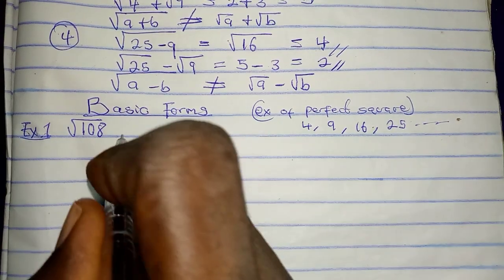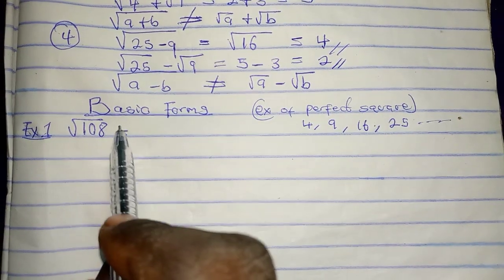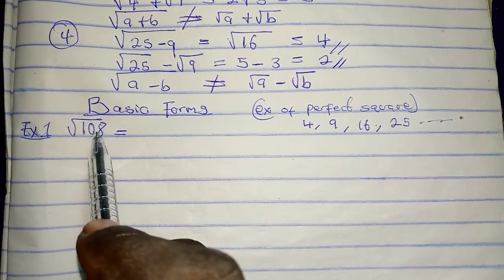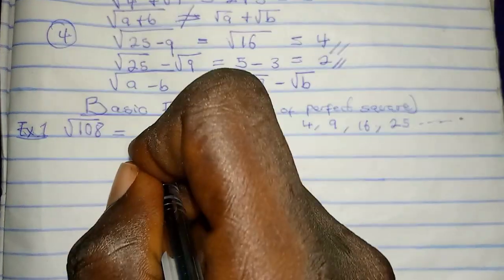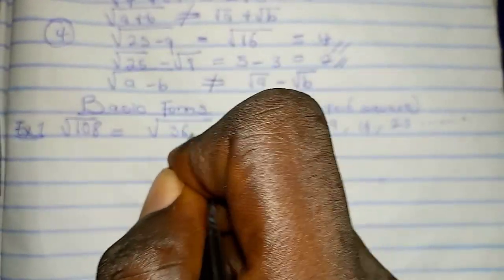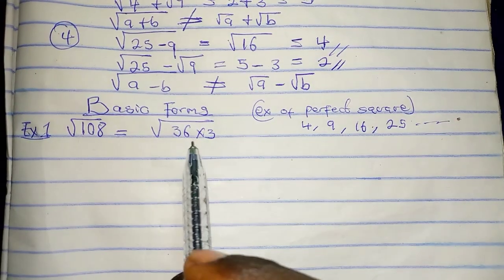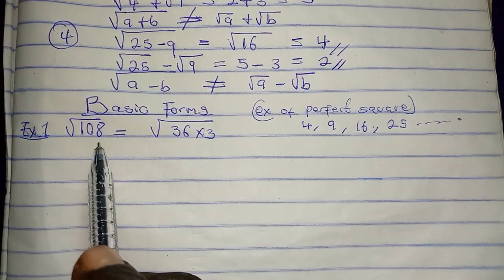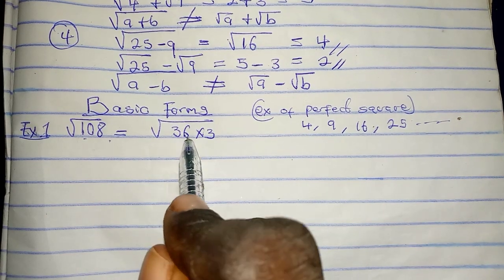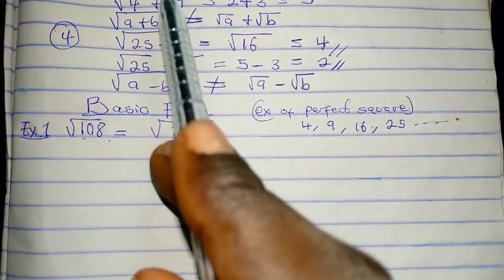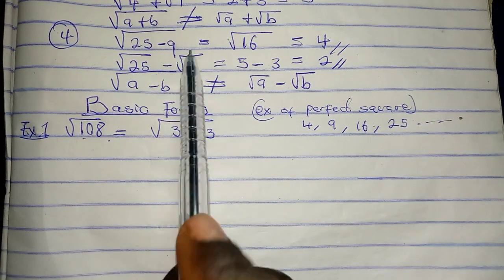So which perfect square can we multiply with a number that is going to give us 108? I think of 36. We have 36 times 3. 36 times 3 is equal to 108.